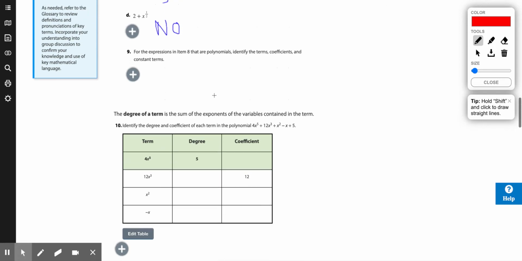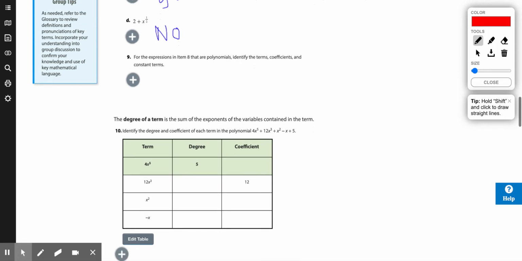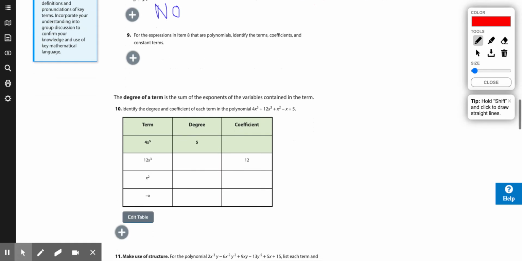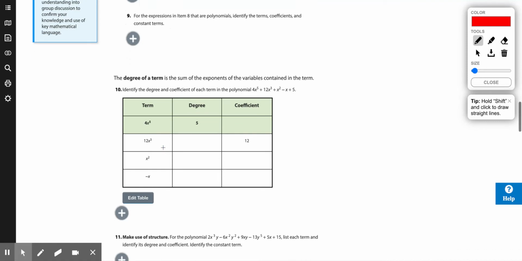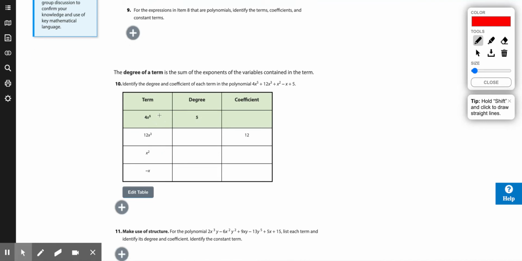All right, now there's another term that we're going to learn called degree. That's going to be the highest exponent on the term. And if you have more than one variable, you add the exponents. And I'll show that in just a second. 4x to the 5th power. That's a degree of 5 because the highest one is 5.